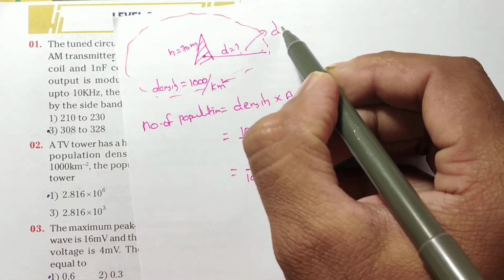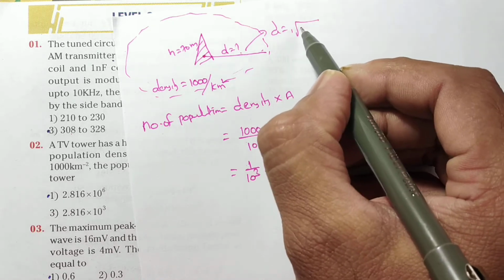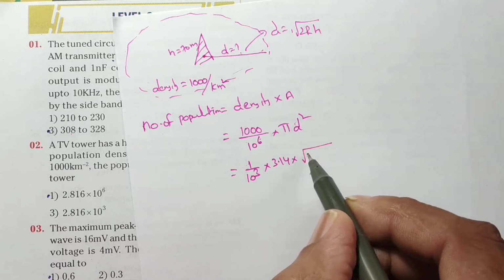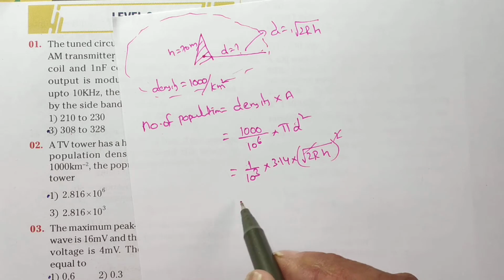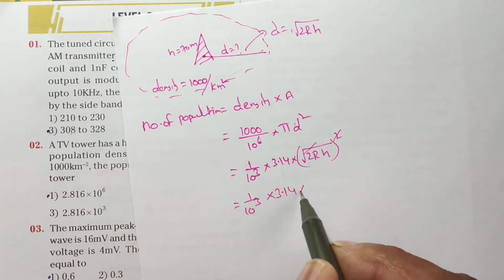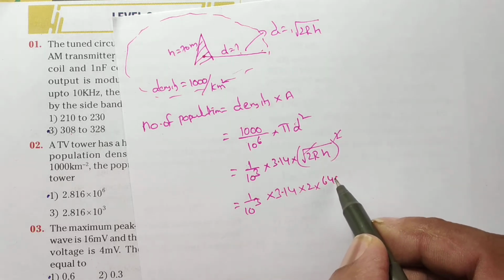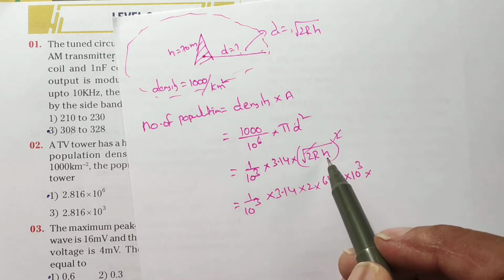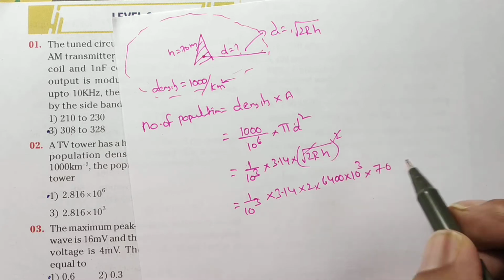How can we get distance d? The formula is d equals root of 2 R h, so d square is 2 R h. So 1 by 10 to the power of 3 into 3.14 into 2 into R, where R is the radius of the earth, 6400 kilometers, that is 6.4 into 10 to the power of 3, and h is the height, 70.